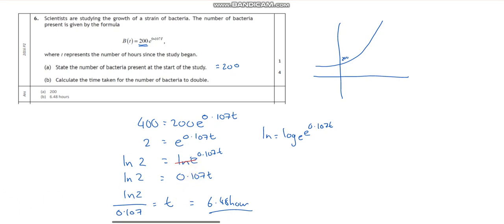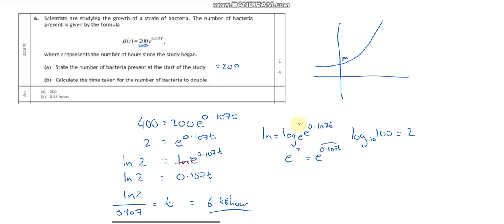Yeah, I suppose if you want to think about it, why does it cancel? Well, say we did a nice one that we like. If that was log 10 of 100, that gives me 2, because what we're saying is 10 to the power of what gives me 100. Well, 10 to the power of 2 gives me 100. So let's try this one then. I'm saying e to the power of what is going to give me e to the 0.107t.